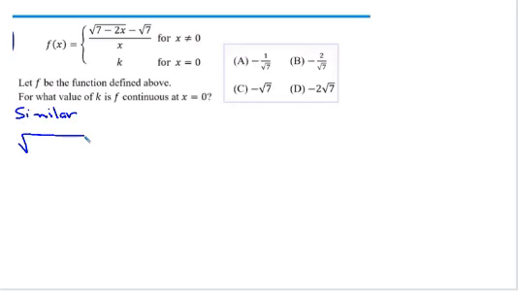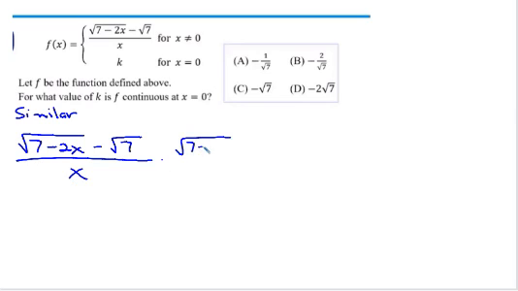If I take the square root of 7 minus 2x minus the square root of 7 over x, and I multiply the top and bottom by the conjugate, our good old-fashioned friend, the conjugate, the square root of 7 minus 2x plus the square root of 7, same thing here.